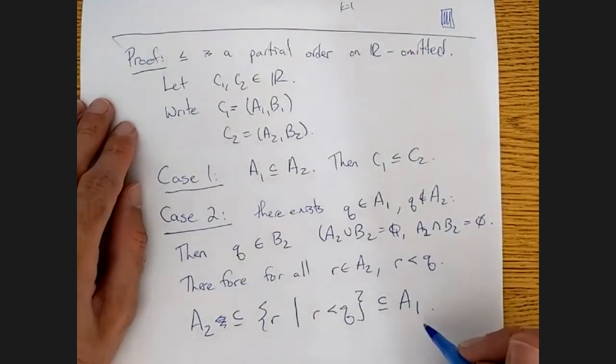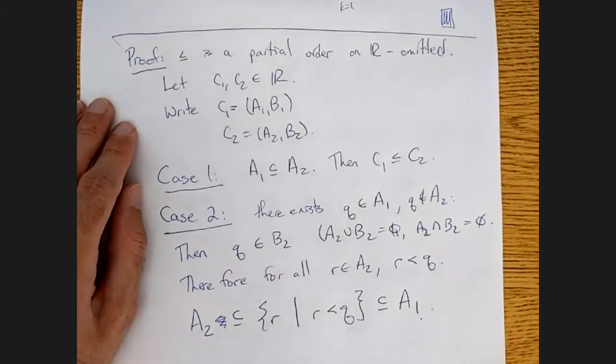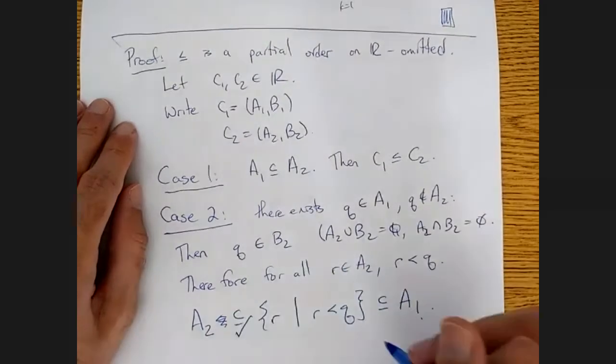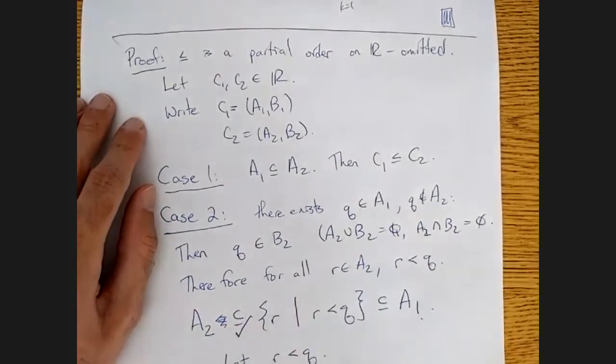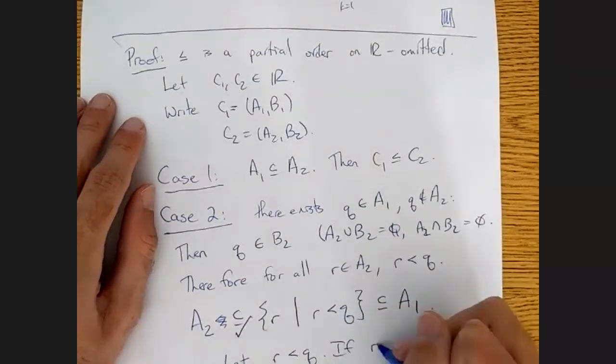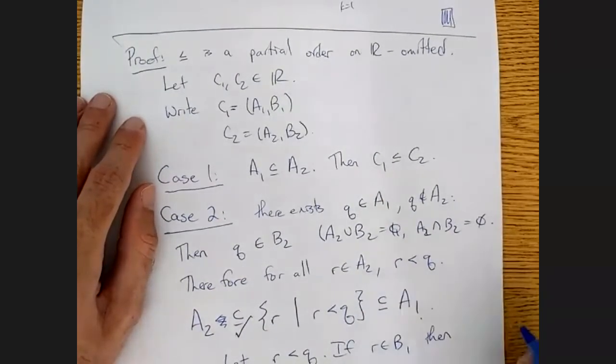There are a lot of ways to see this. So let R be less than Q. If R is in B1, then Q is less than R.